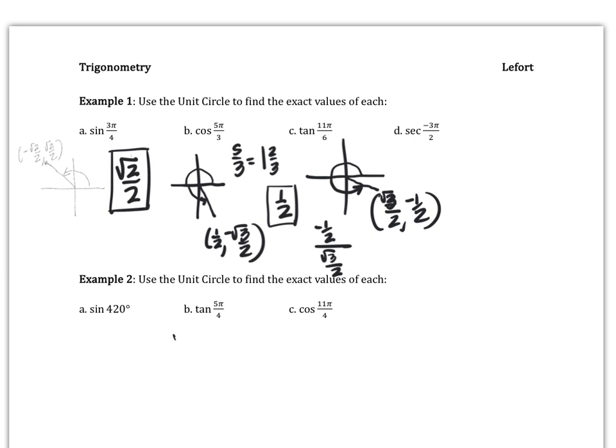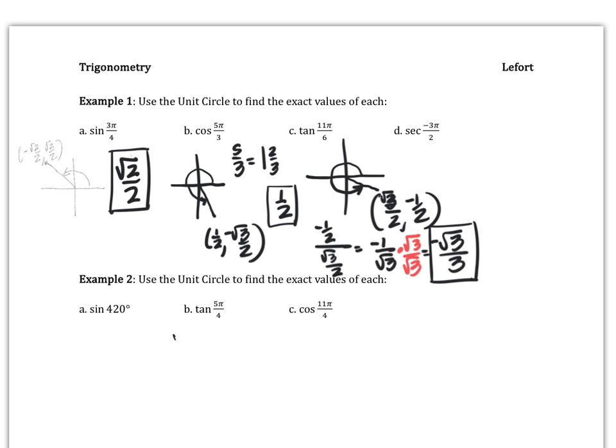You can just take the top divided by bottom, or you can multiply top and bottom by 2, and you get negative 1 over the square root of 3. And then, of course, that's not in simplest form. You have to simplify it by rationalizing the denominator, multiplying by the square root of 3 on top and bottom, so we get negative square root of 3 over 3. So this is the answer there for part C.